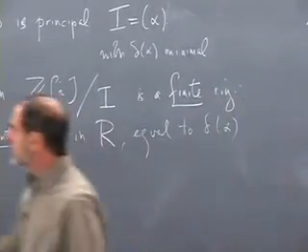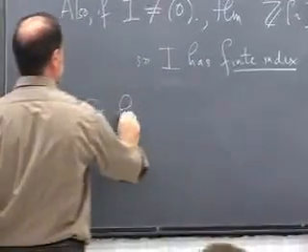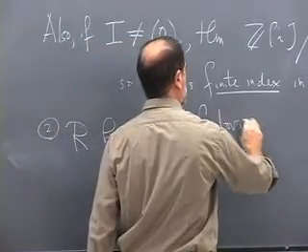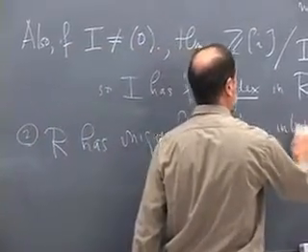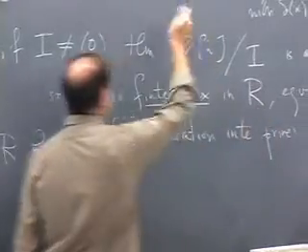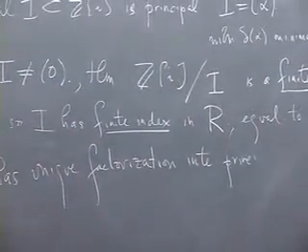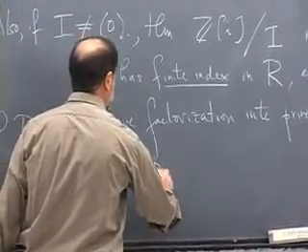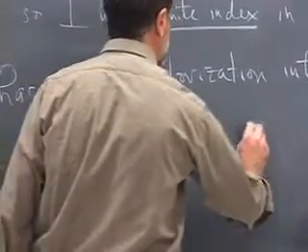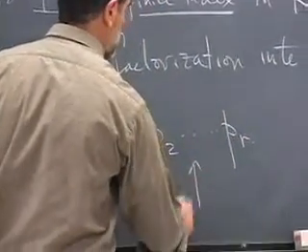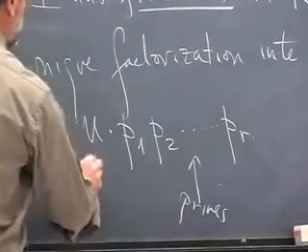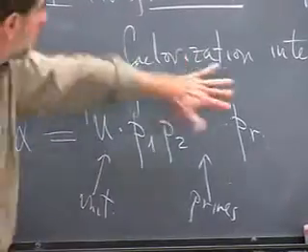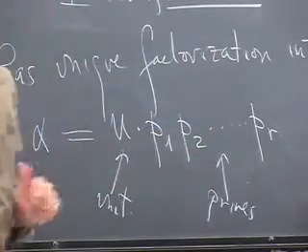And the second thing we got out of this was R has unique factorization into primes, because that's true of any ring in which every ideal is principal. And what that means is that an arbitrary Gaussian number can be written as a unit times prime Gaussian numbers, and this factorization is unique up to multiplication by a unit and rearranging the terms. In other words, the element determines the primes in its factorization.